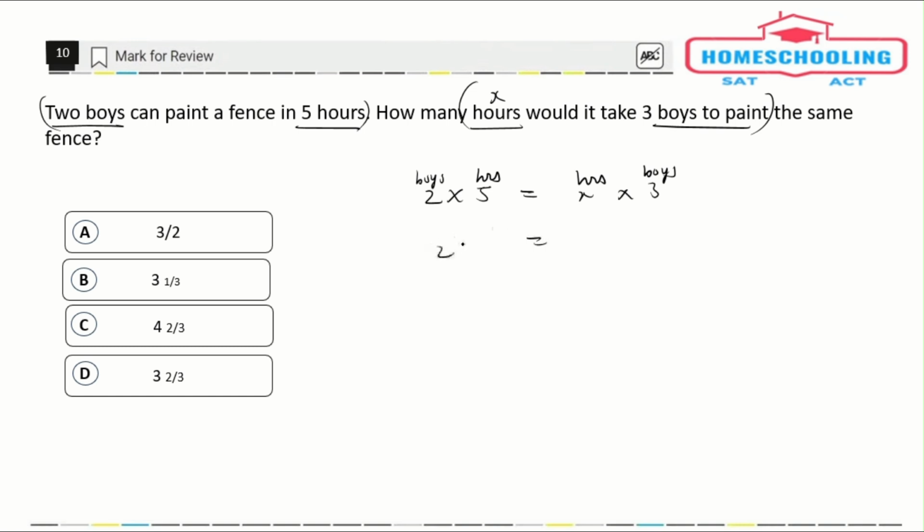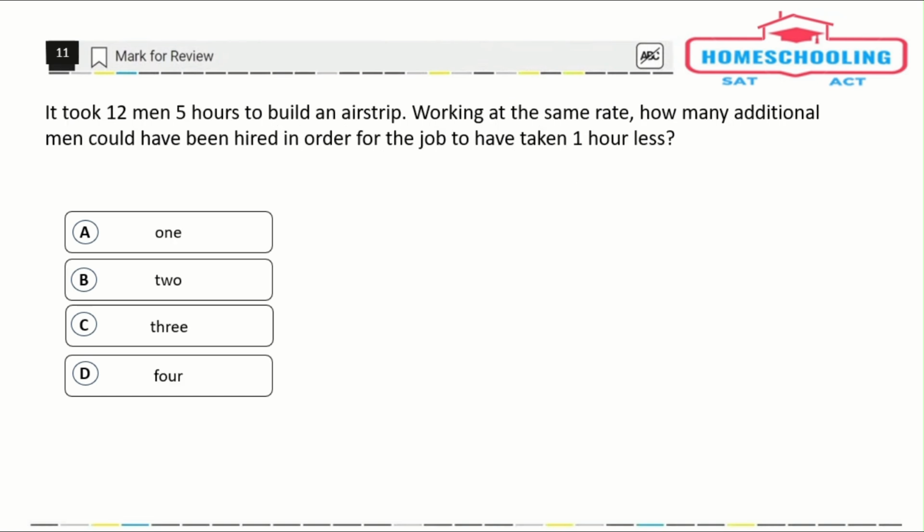So from this, 2 into 5 divided by 3 is equal to X. So we can say that X is equal to 10 divided by 3. So that is 3.33. In mixed fraction, it is written as 3 1 by 3. So option B will be your correct answer. Now moving to the next question.